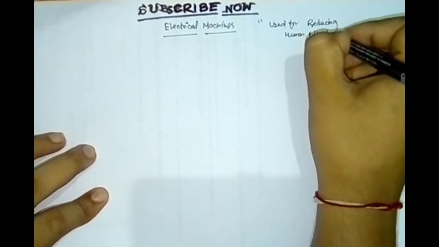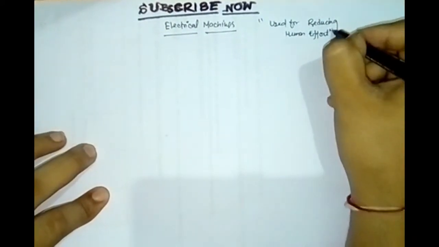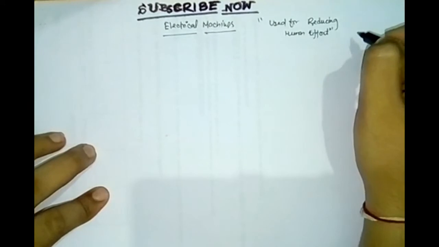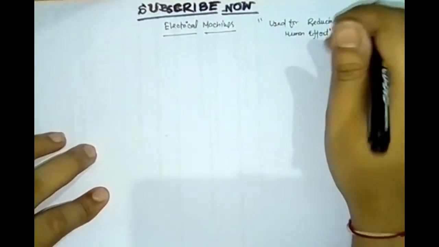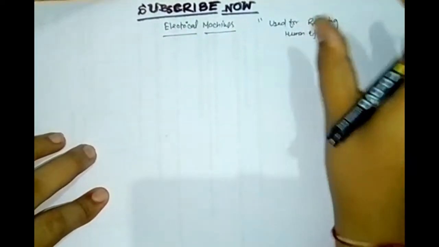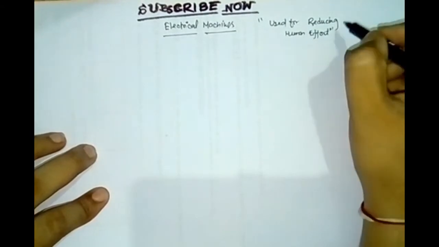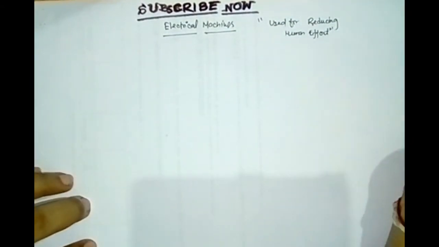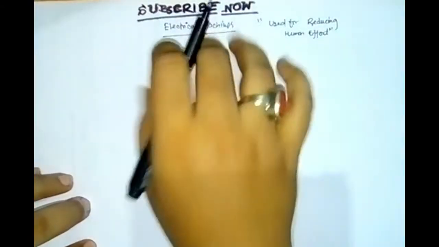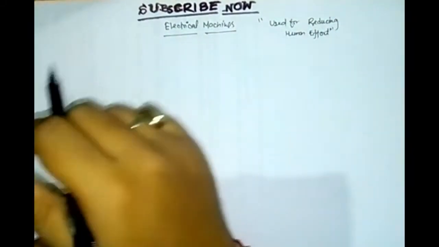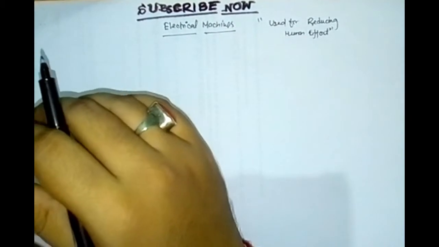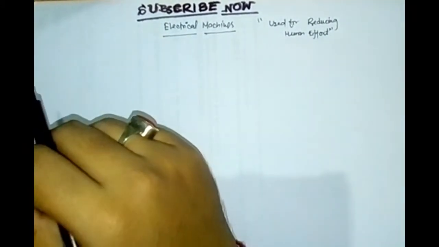So a machine is designed to reduce human effort. You have heard this sentence in the movie 3 Idiots, right? Now this is basically the function of an electrical machine. An electrical machine is basically that kind of machine which works with the help of electric supply.